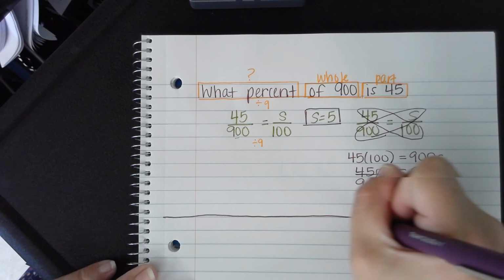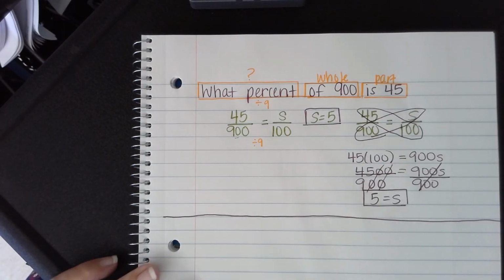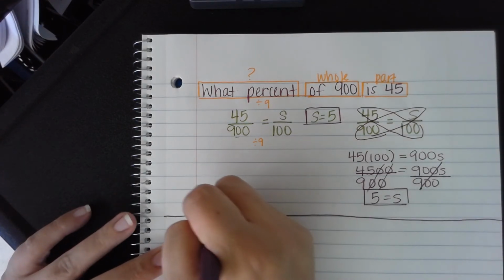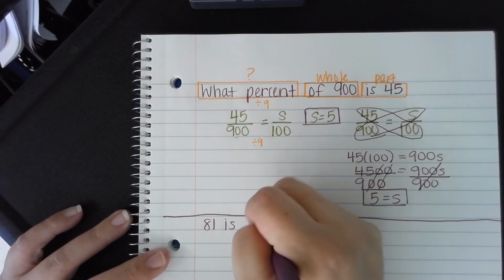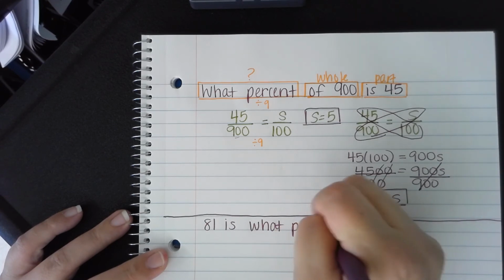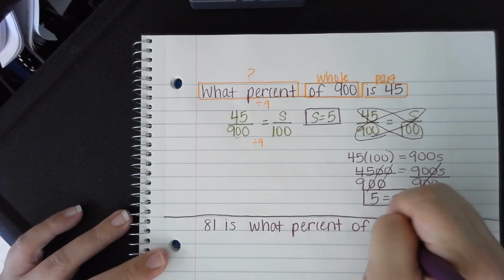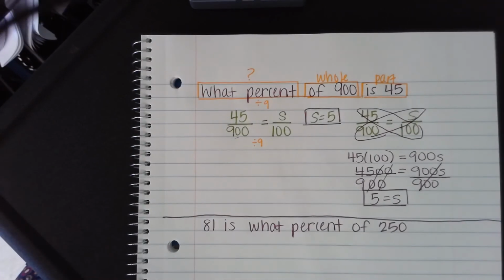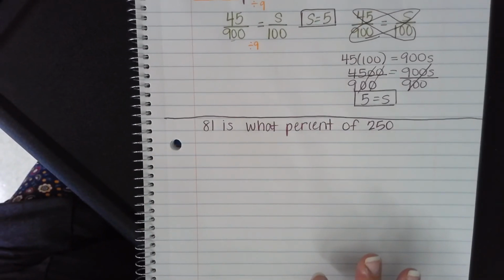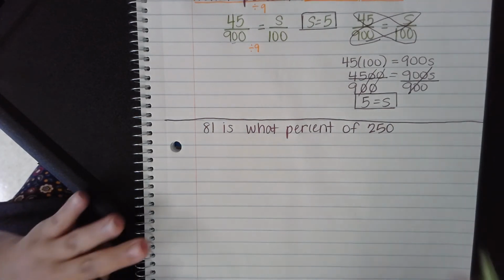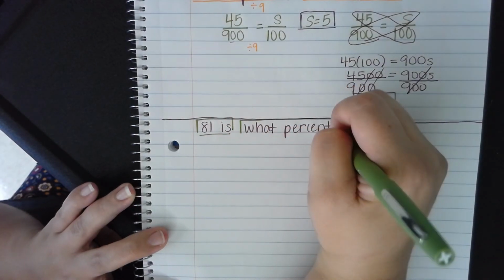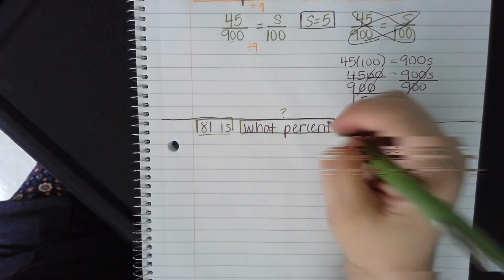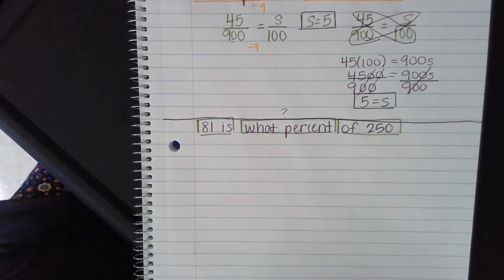We'll try one more like this, and then we'll move on to a different style. 81 is what percent of 250? 81 is what percent, so there's what we're looking for, and then of 250.